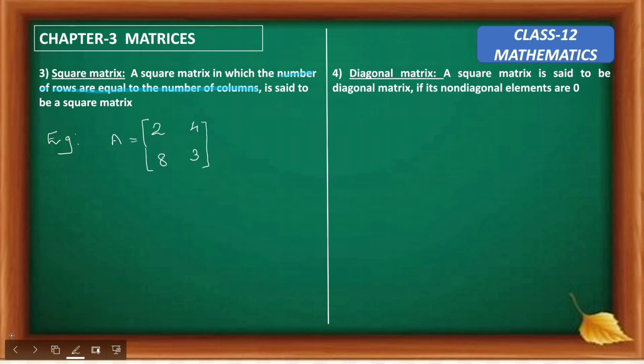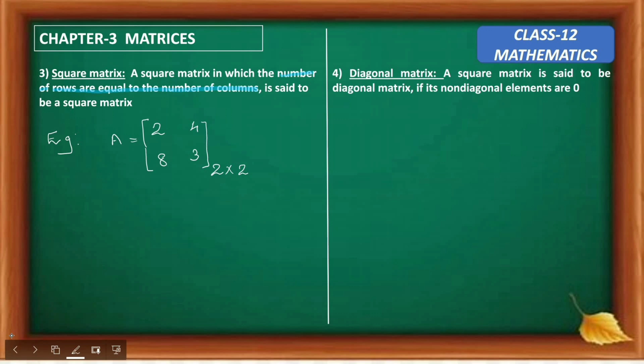In here, the number of rows, that means horizontal lines, 1, 2, by number of columns, 1, 2, vertical lines. In here, the number of rows and the number of columns are both 2, equal. That's why this is an example of a square matrix.